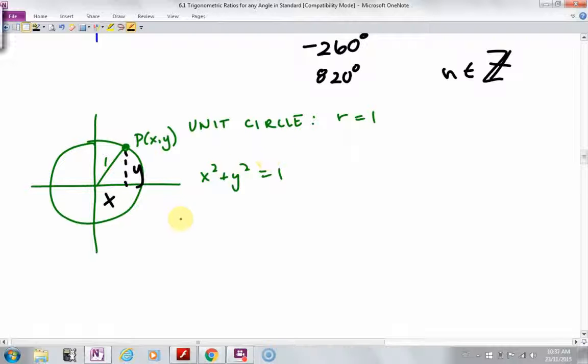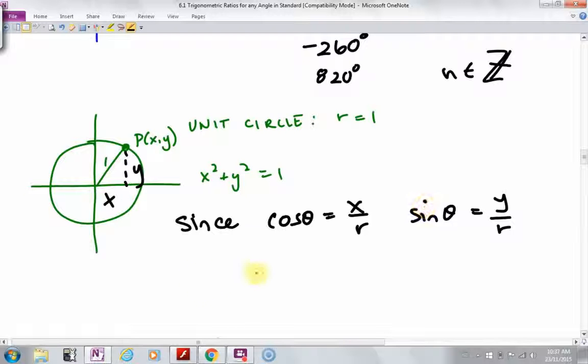So that is convenient for us, using the unit circle. We had cos theta equal to x over r and sine theta equal to y over r.